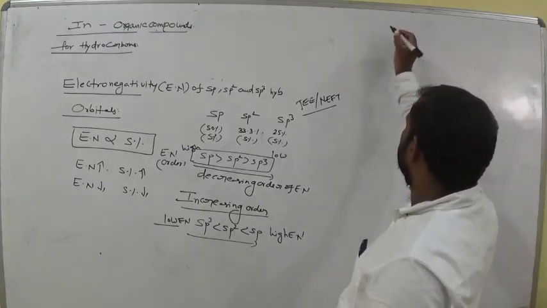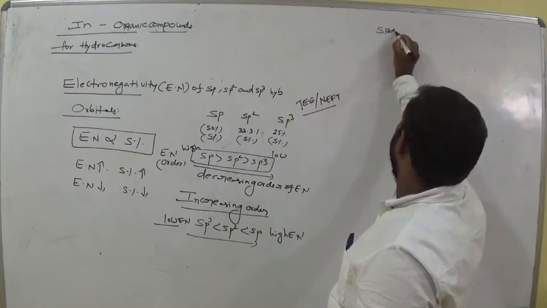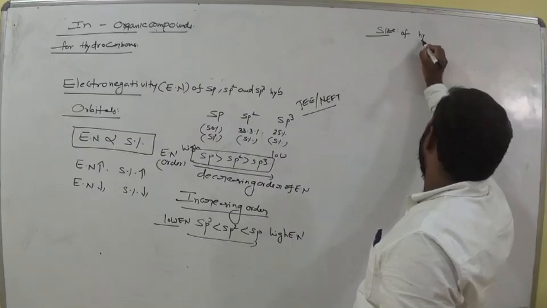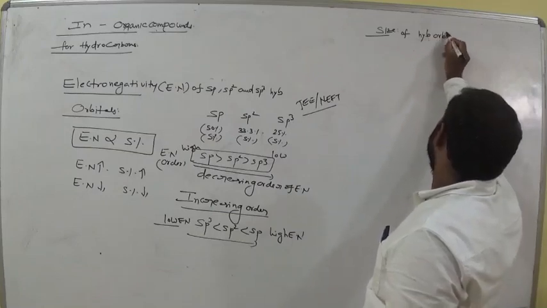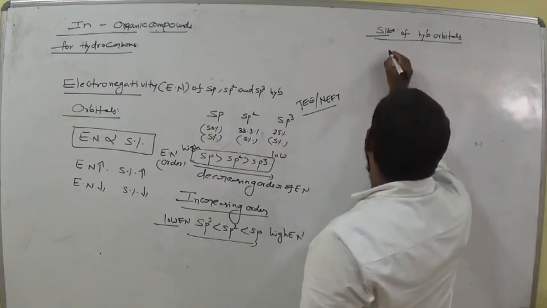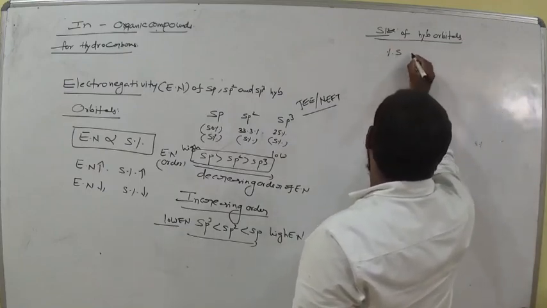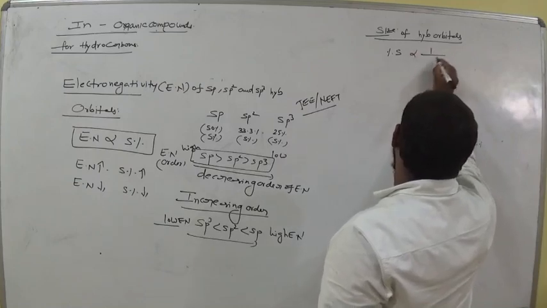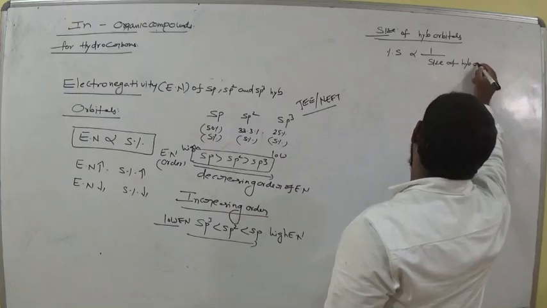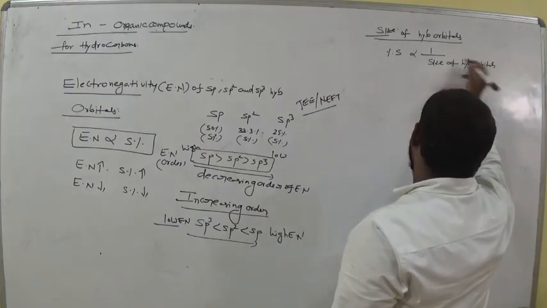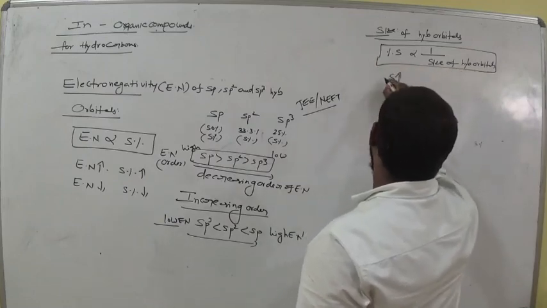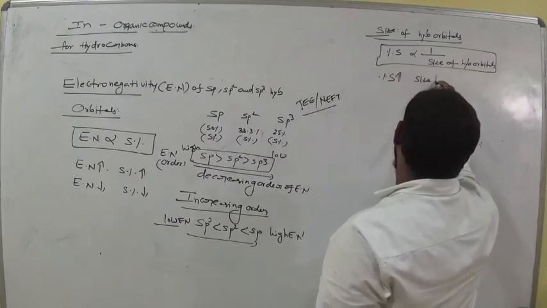And next, size of hybrid orbitals. Percentage of s character is inversely proportional to size of hybrid orbitals. That means as s percentage increases, size decreases.